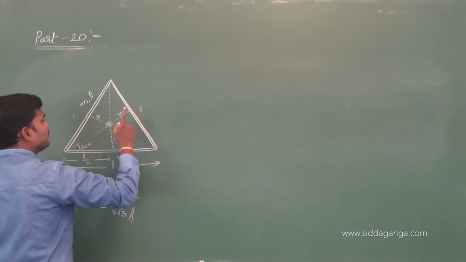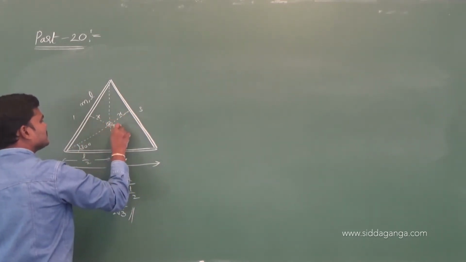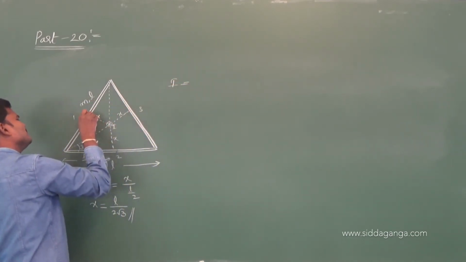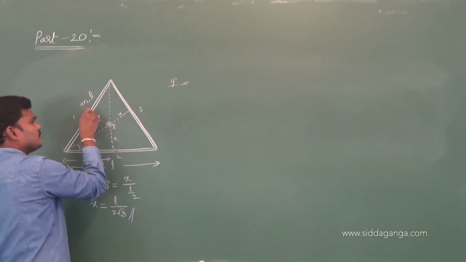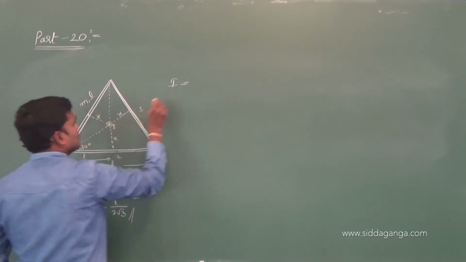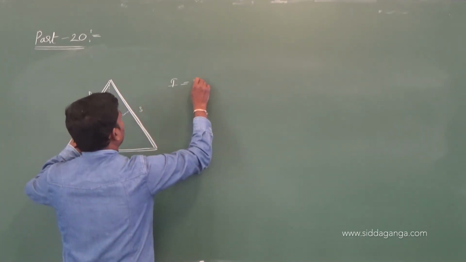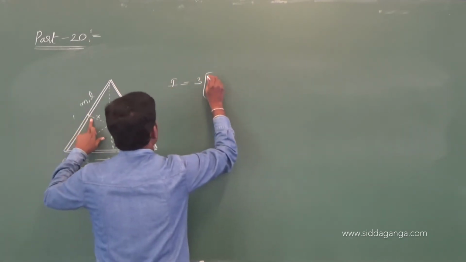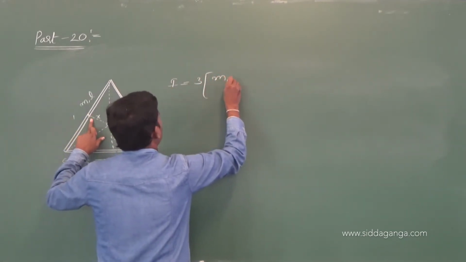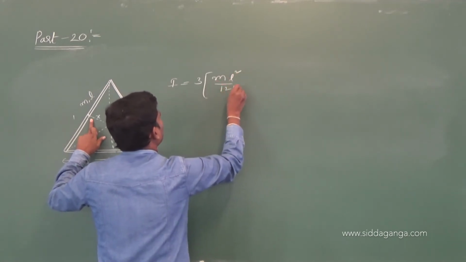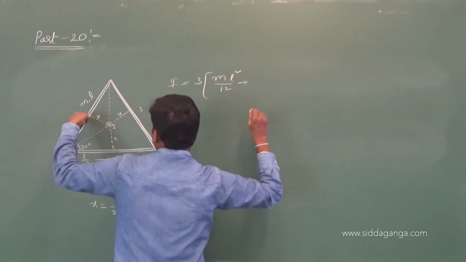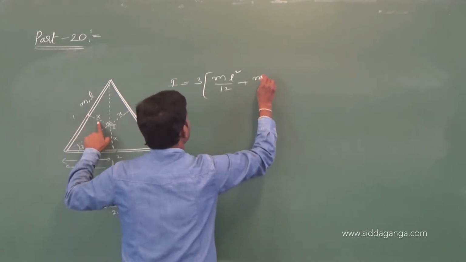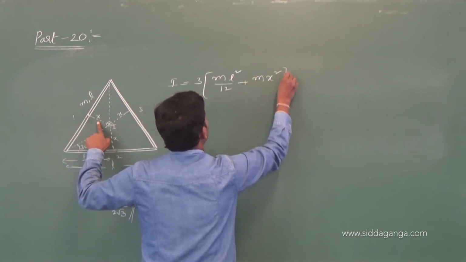Then the moment of inertia about this, we can write using the parallel axis theorem: moment of inertia passing through the center of the rod plus mass of the body into square of the distance. There are 3 identical rods, so let me multiply by 3 directly: 3 into m L square by 12, because it passes through the center, plus mass of the rod and square of the distance, m x square.